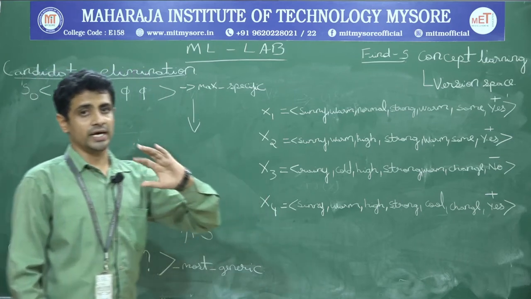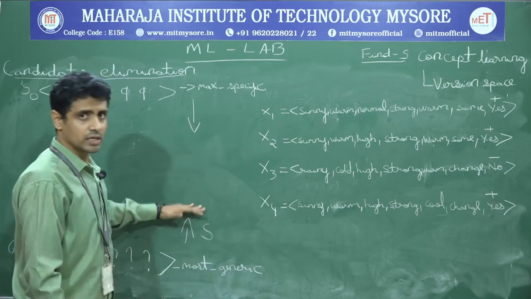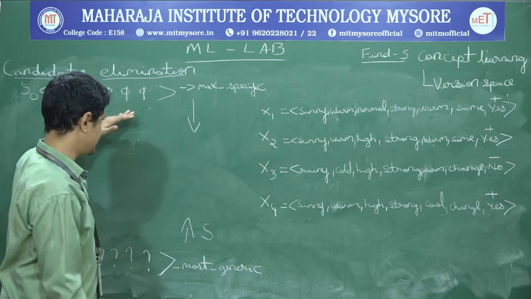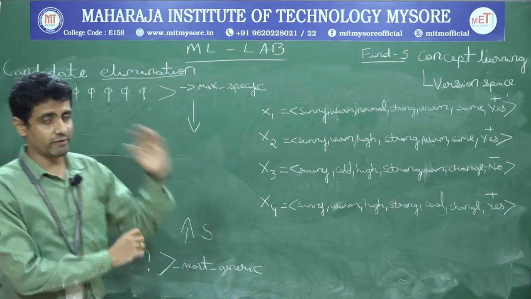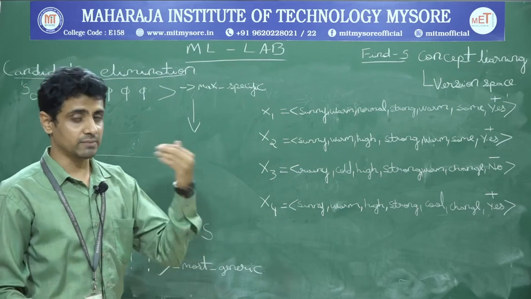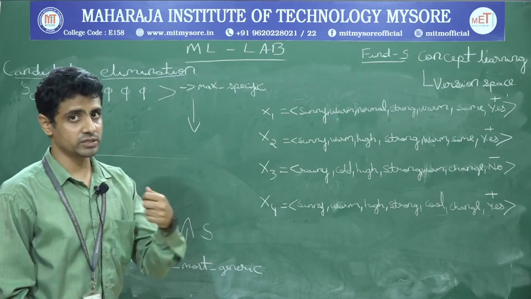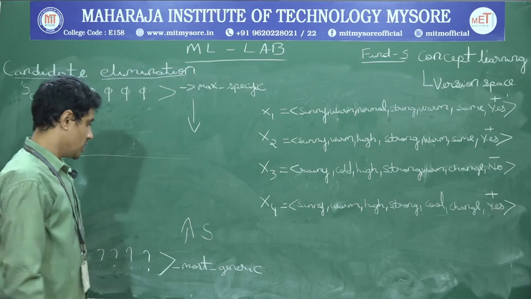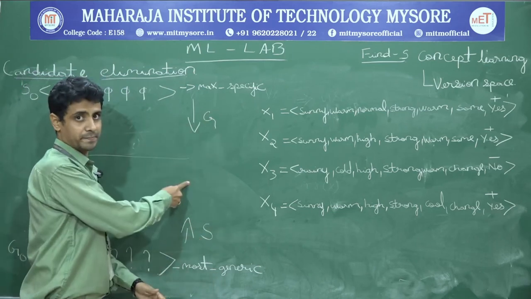This part for positive examples is the same as your Find-S. But when it comes to the negative example, the task is different in candidate elimination, because in candidate elimination we are also taking the negative examples. So as I said, it will grow, and it will shrink.